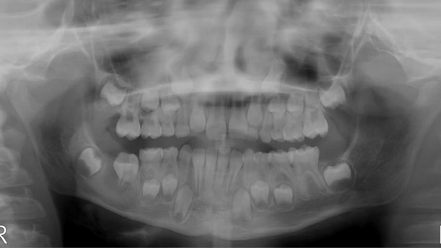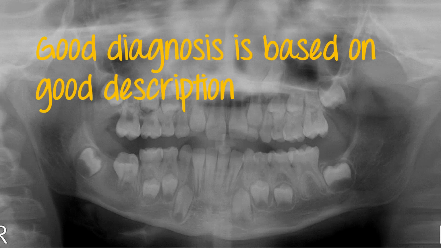Interpretation of any radiograph is based on a systematic way of describing. Never underestimate the power of a good description. Most lesions can be described in less than 2 to 3 minutes. Really? 2 to 3 minutes? Yes, sometimes even less than a minute.